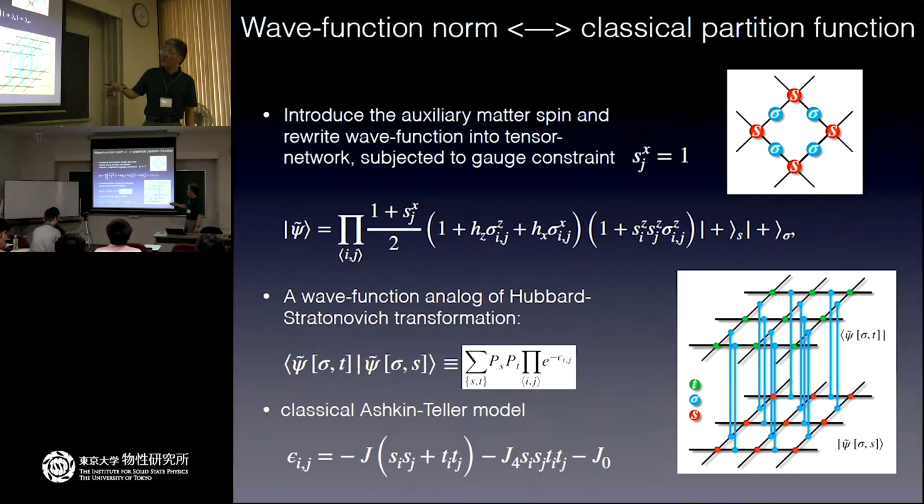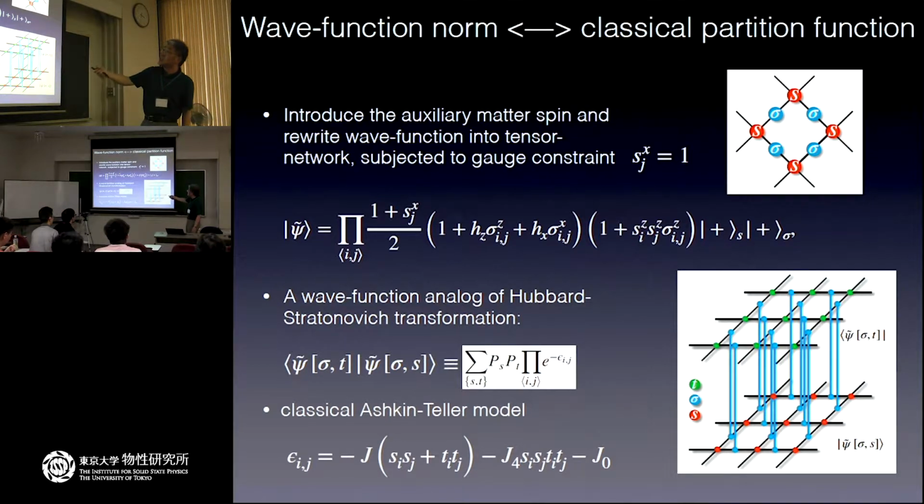We write this norm into this form. You can immediately see this is a classical Ashkin-Teller model. This norm of the deformed wave function, in the tensor network representation, looks like this double layer tensor network.